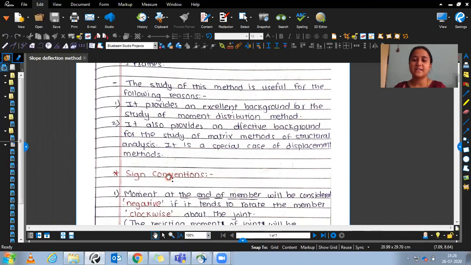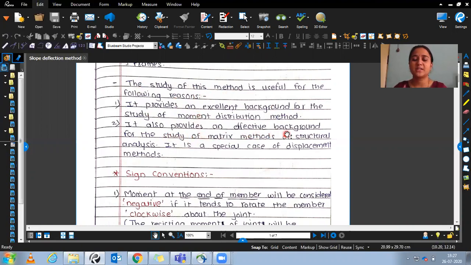It provides an excellent background for the study of the moment distribution method, which we are going to see in the next unit. Our second unit is the moment distribution method, and the slope deflection method is the background required for it.